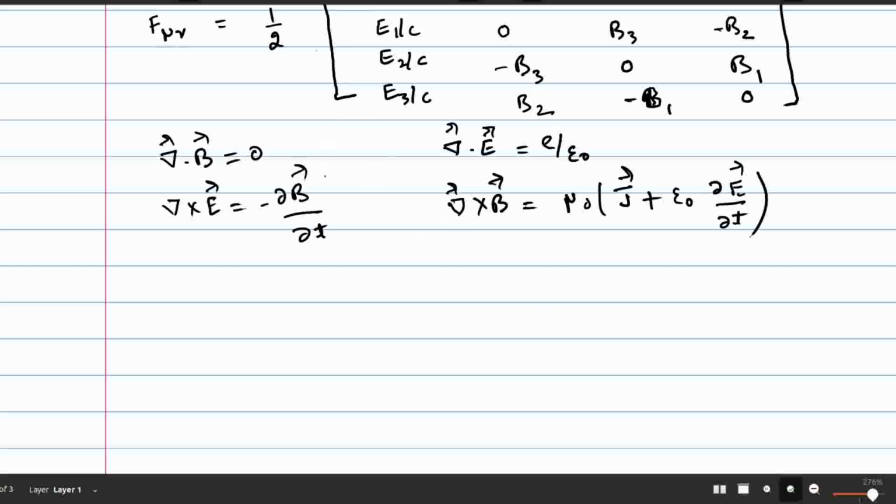These are the four Maxwell's equations in free space.